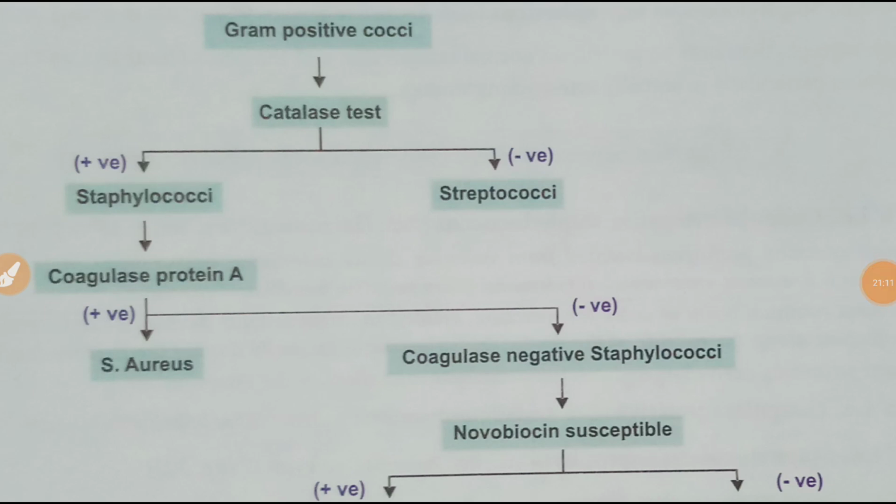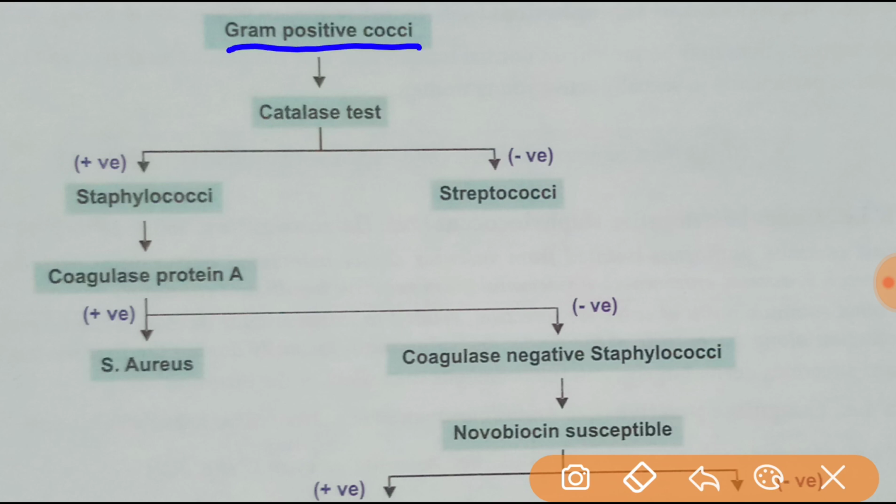This is the idea to identify such type of question. First of all, you have to choose gram positive cocci. Then after the catalase test, if the catalase test is positive, then Staphylococci, and if catalase negative, you have to choose Streptococci. Next, if Staphylococci, then coagulase test.